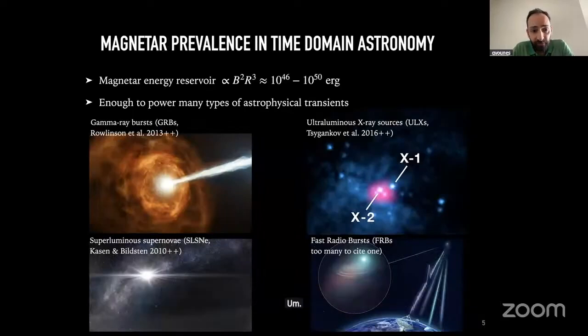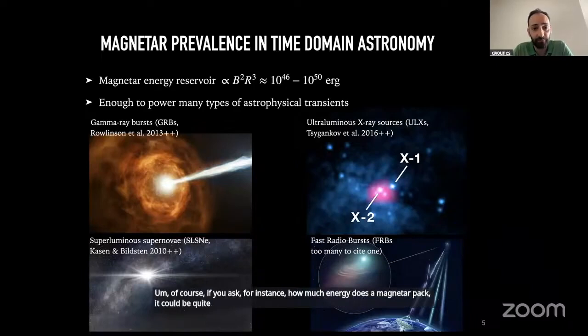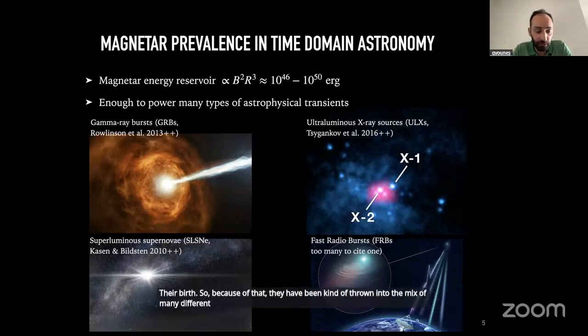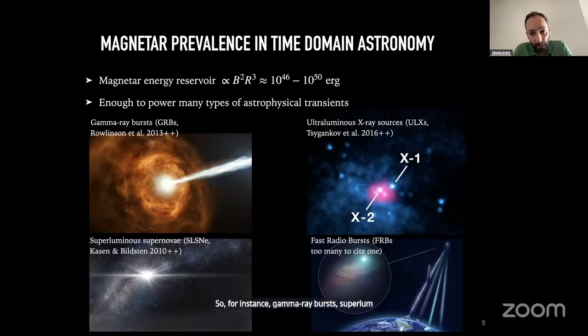Of course, if you ask how much energy does a magnetar pack, it could be quite a bit, varying between 10 to the 46 and 10 to the 50 ergs, and that's at the early stages of their birth. Because of that, they have been thrown into the mix of many different time domain transients, for instance, gamma ray bursts, superluminous supernovae, ultraluminous X-ray sources, and of course, fast radio bursts.